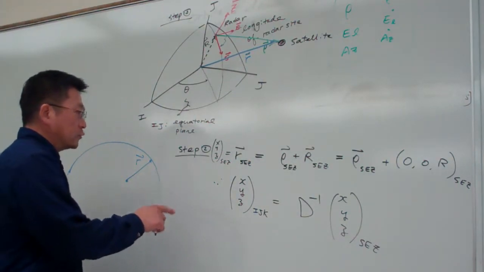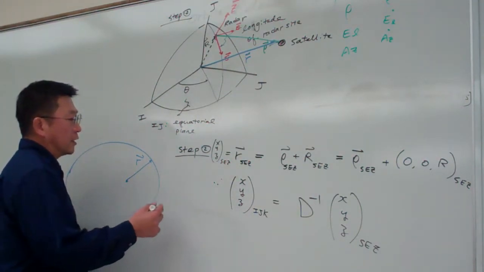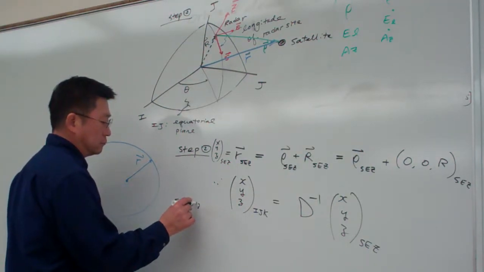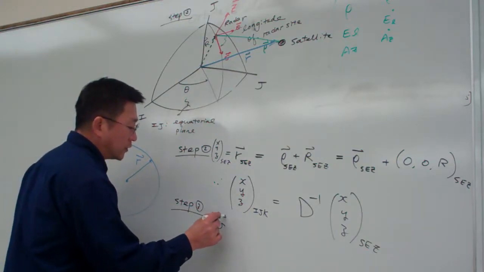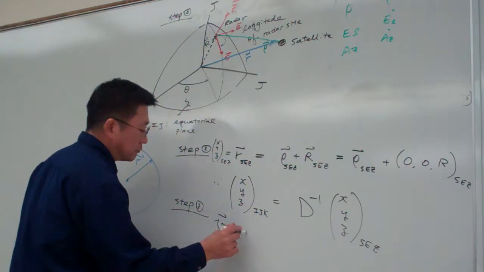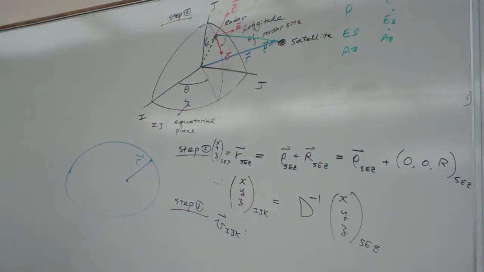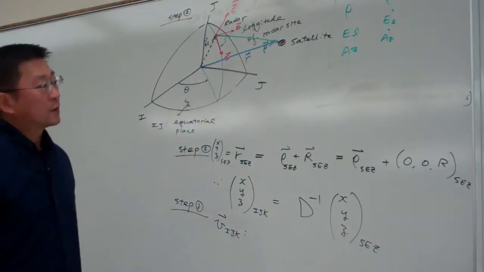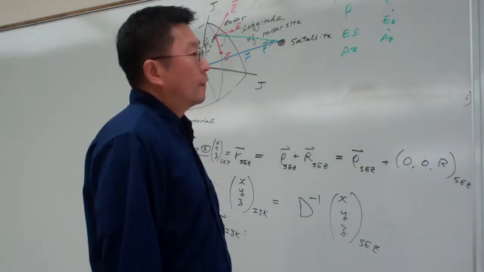So now we have this one. We are done with R. Now step 3: we're going to determine V in IJK.